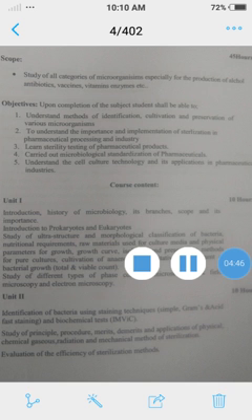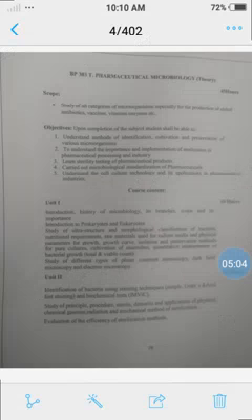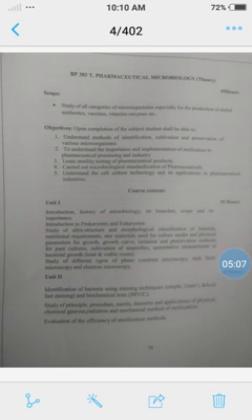Then and only then can we say that our product is sterile. And what is sterilization? Sterilization is the process of making the product sterile.